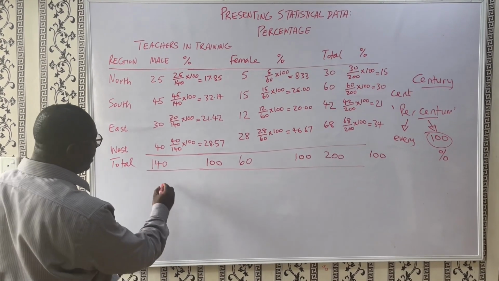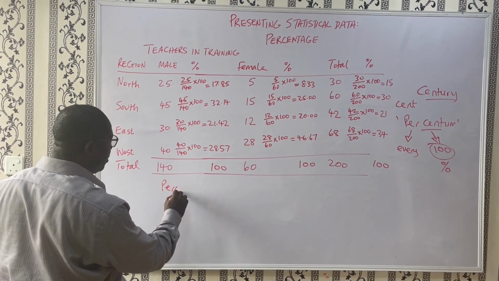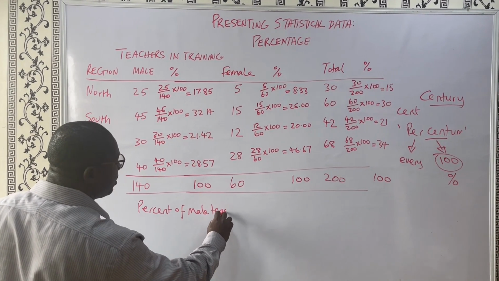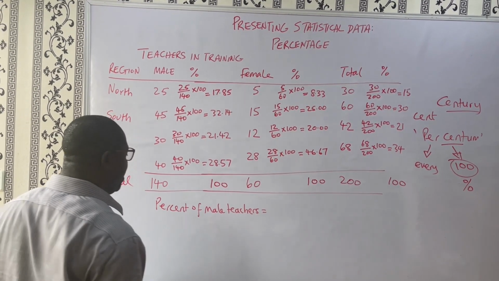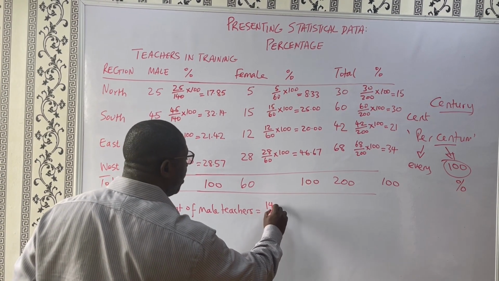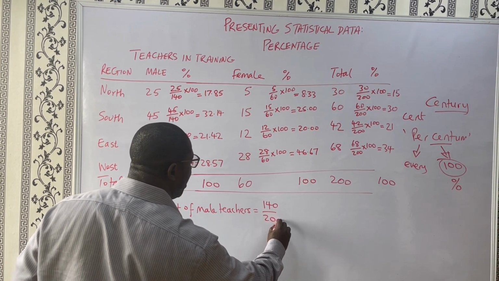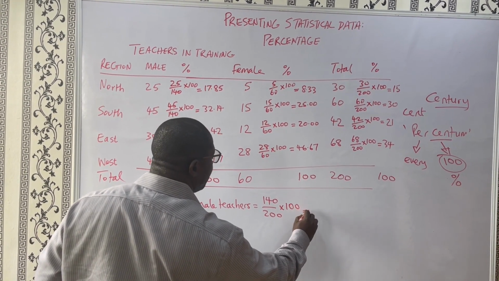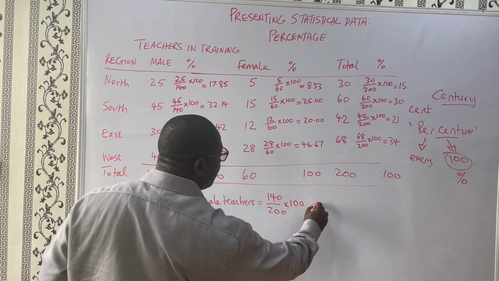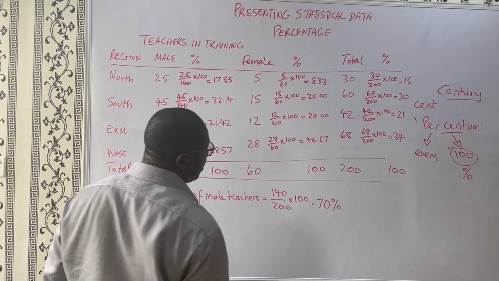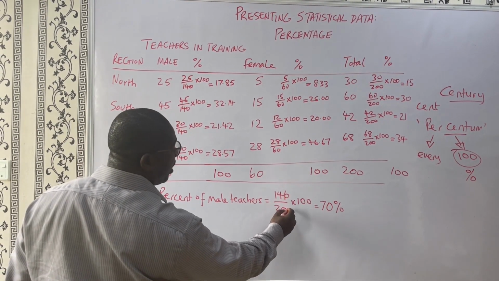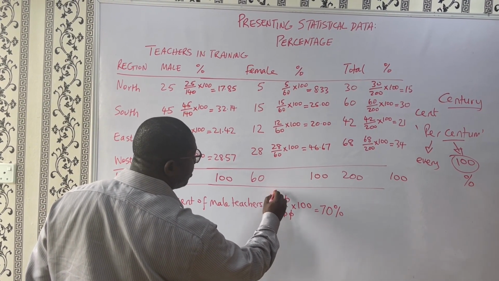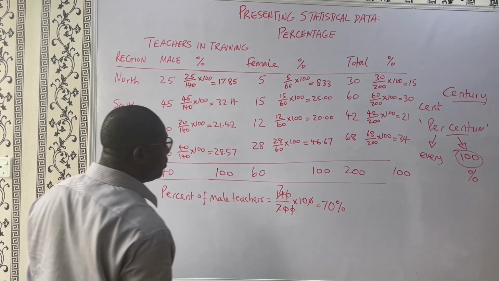So that percentage of male teachers will be 140 divided by the grand total of 200 times 100. This will give us 70%. Because if we cross this, then we have this and this 70, and then we have 70%.